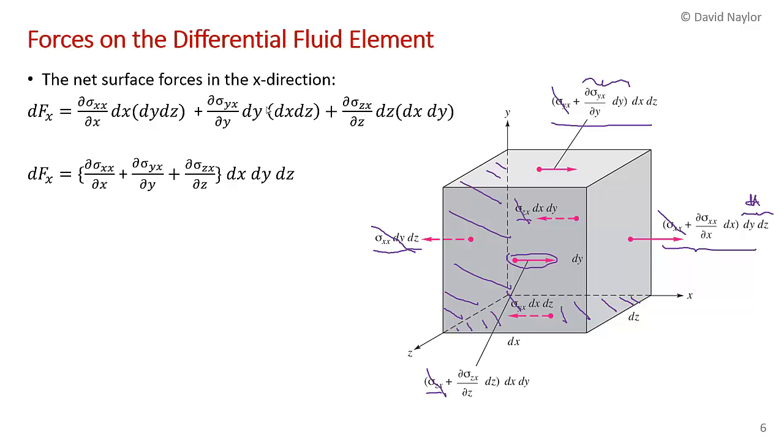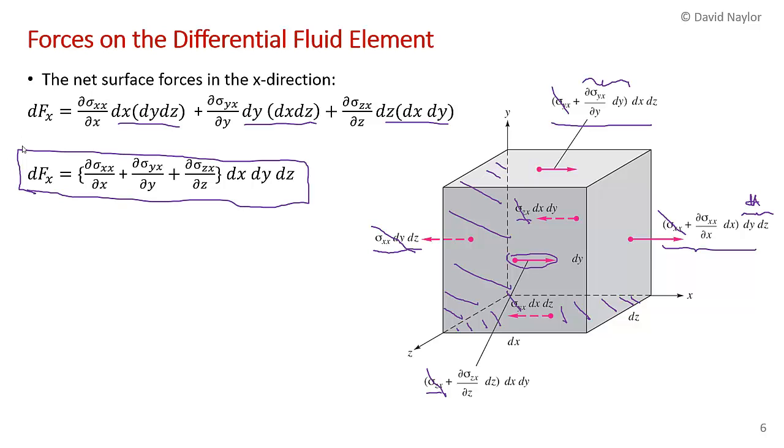So these are all in the x direction. You can see by the second subscript, differentiated with respect to z times dz times dx dy. Now you'll notice each one of these terms is multiplied by dx dy dz, so we can bring them out, and we end up with this expression for the net force in the x direction.